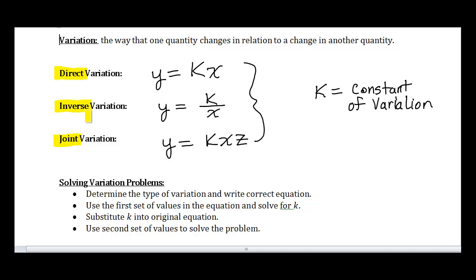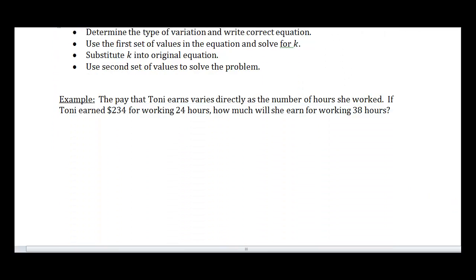After that, use the first set of values in the equation and solve for k. Your problem is going to give you a first set of values. Plug those into the right variation equation and solve for k. Then you'll know k, and that'll allow you to solve multiple problems. The next step says substitute k into the original equation and then use the second set of values to solve the problem. Let's put those steps into action.